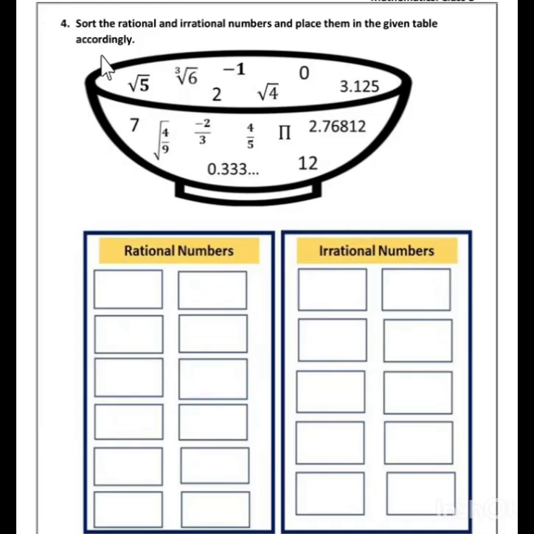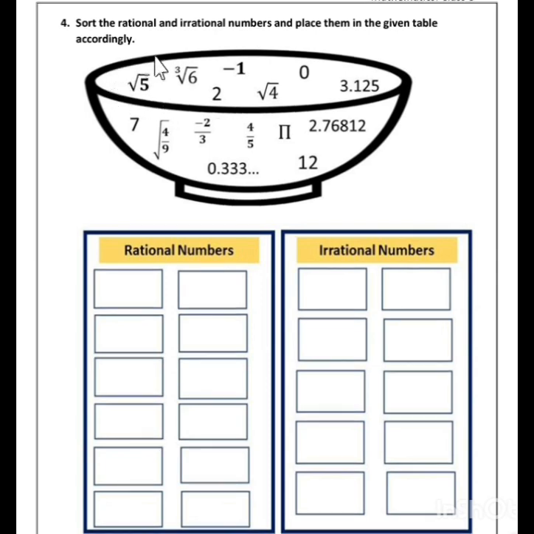fourth question: sort the rational and irrational numbers and place them in the given table accordingly. So let's sort them out one by one. First is square root of 5. We already know, I have discussed it with you, that if the number inside the root is not a perfect square, then it will be an irrational number.